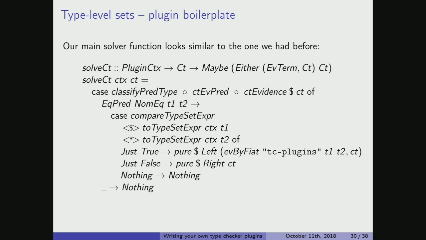And here is a lot of the same boilerplate. Again, we only care about these equality predicates between types. Then we call our functions that we talked about earlier that fish out the parts of the types that we care about and apply some decision procedure to say whether they are equal or not.